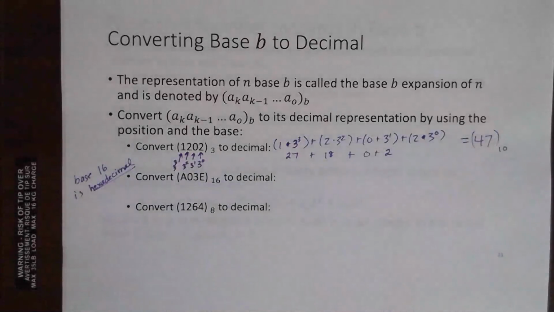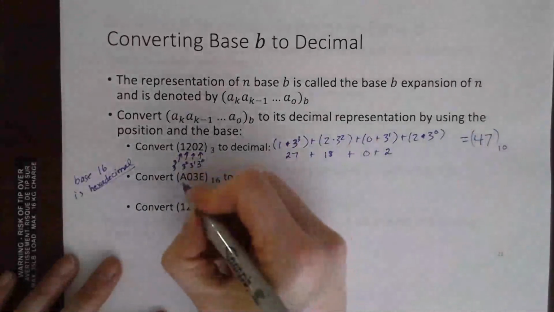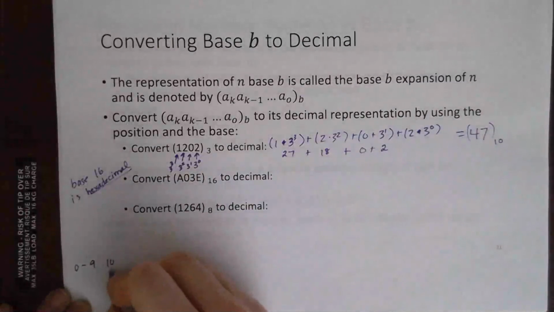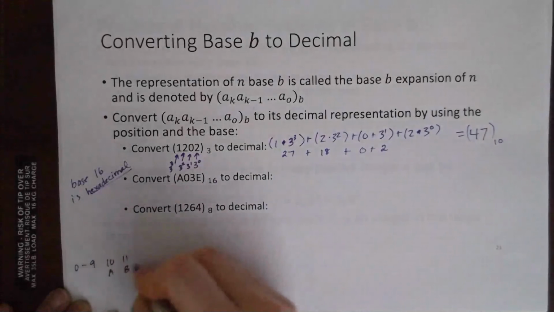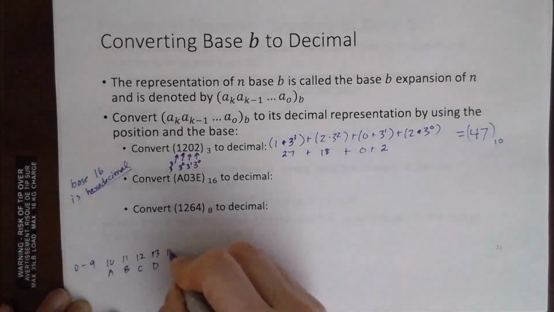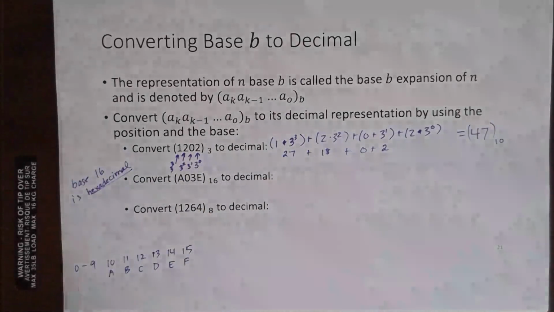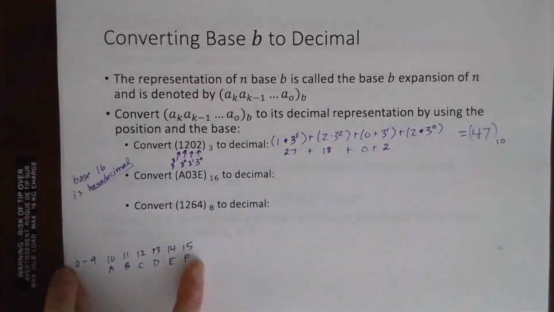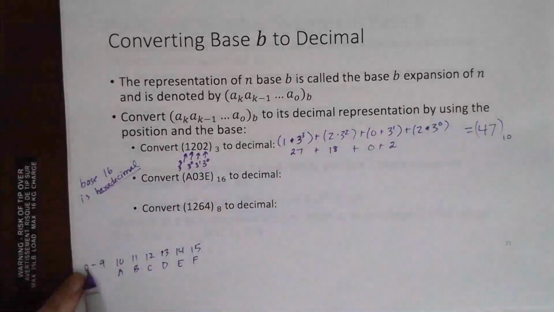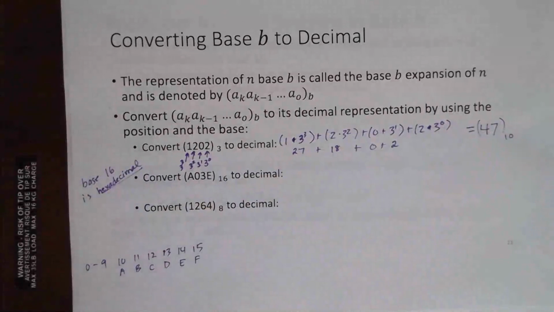So if we want to go up to the 10th digit, A has a weight of 10, so we do 0 through 9, and then 10 is A, 11 is B, 12 is C, 13 is D, 14 is E, and 15 is F. That's 16 different symbols that we can use, and these have weights 0 through 9, and then A has weight 10, B has weight 11, and so on.